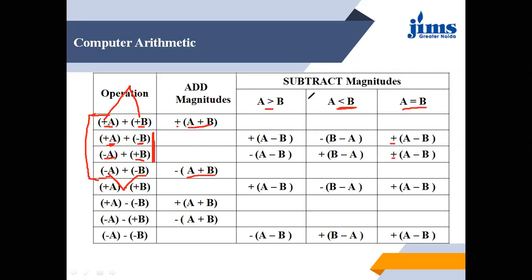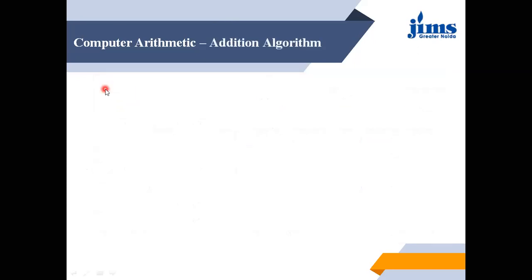We discussed this in the last lecture, and we saw one example also based on this. So this is the summarization: first we have to check the sign, whether they are the same or different, because the algorithm or design we are going to make for subtraction is also based on addition.